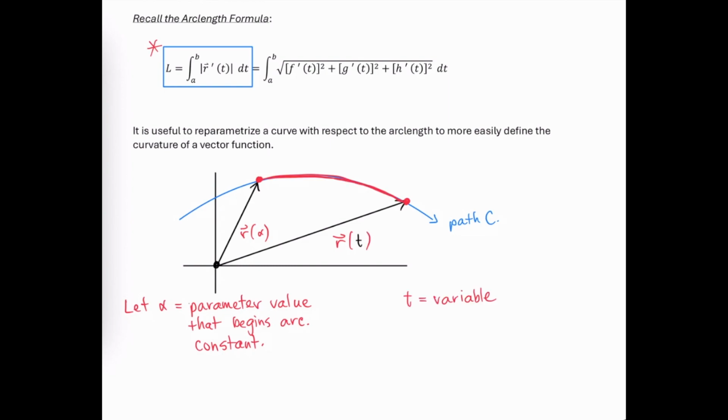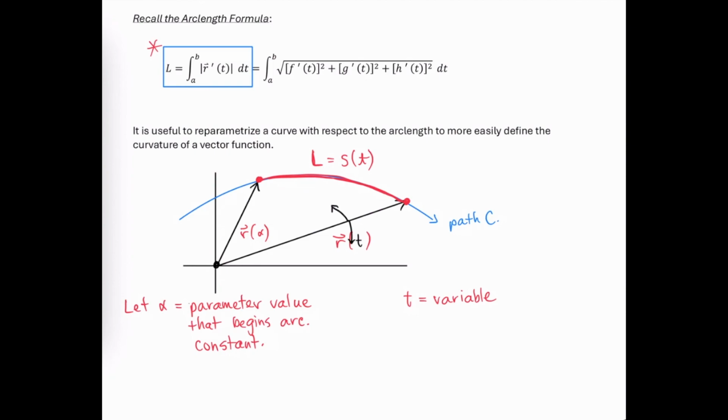Now we have used the value L to represent the length of arc, but in this particular case, let's consider that this length of arc is something that depends on the value of t. As the value of t changes, this vector would be sweeping either not quite as far or perhaps even farther.